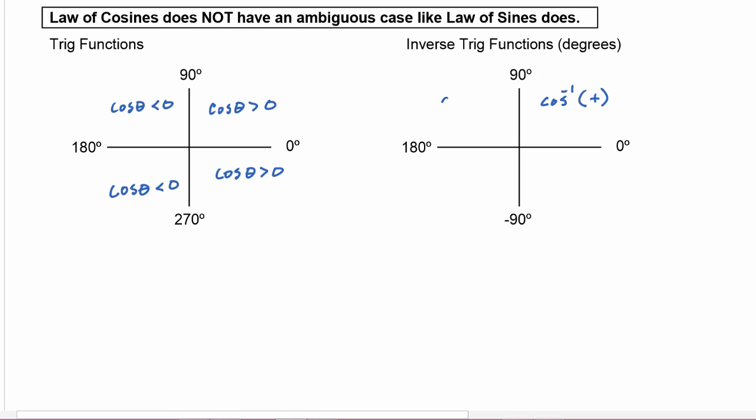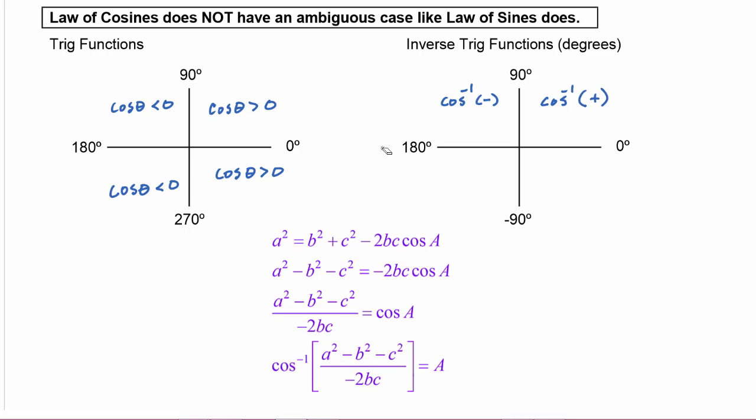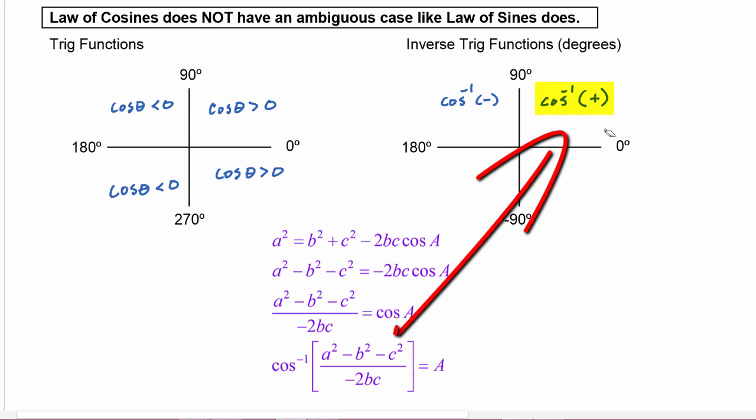Whereas if we take the cosine inverse of a negative, it will output an angle between 90 and 180. So when we solve an equation like the law of cosines and we get down to the last step where we will be solving for cosine theta equals something, when we use our cosine inverse, we know that we're either going to get a quadrant 1 or quadrant 2 angle.